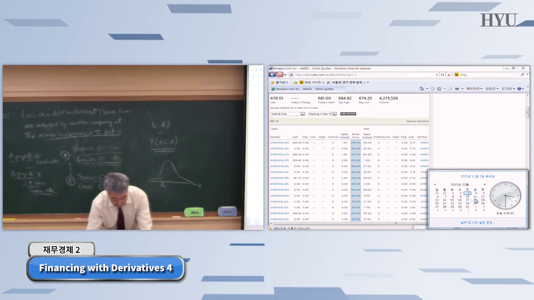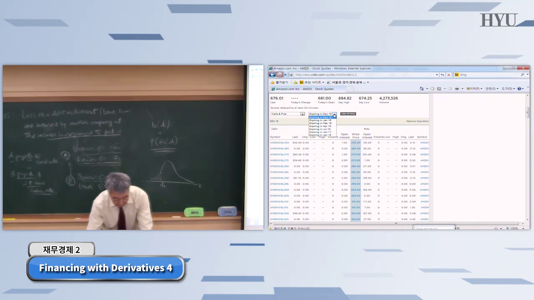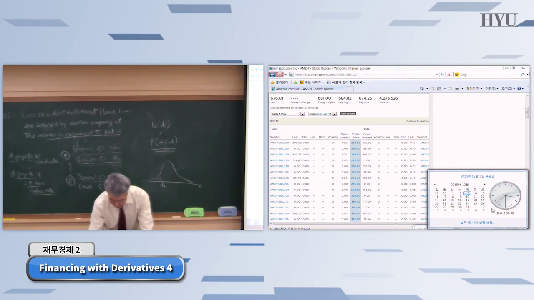This is interesting. January 16. January 16. That makes sense. This first Friday, second Friday, third Friday, so 16 is the expiration date.